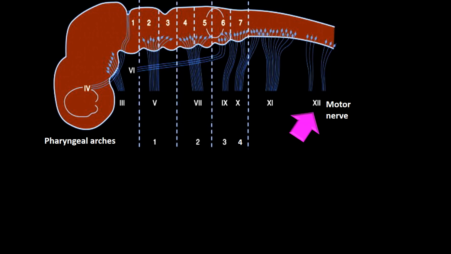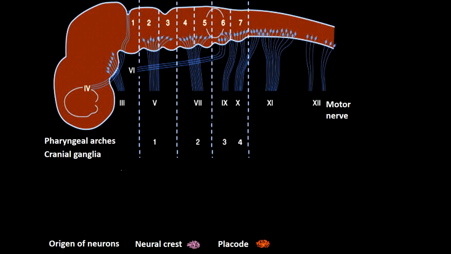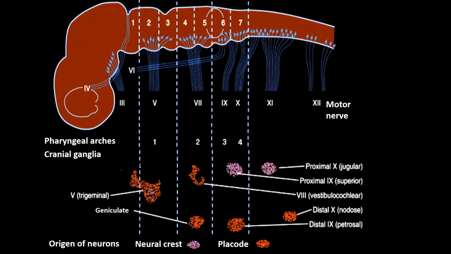Cranial nerve 12 innervates somatic muscles. The origin of cranial ganglia neurons can also be incorporated in this drawing. Cranial ganglia neurons originate from neural crest cells or from placodes. In this frame, I have dumped all of them.